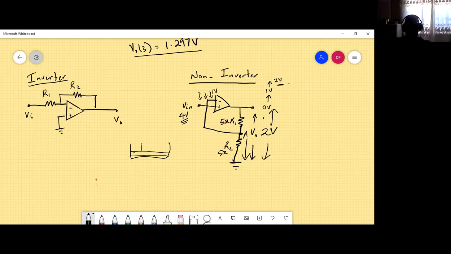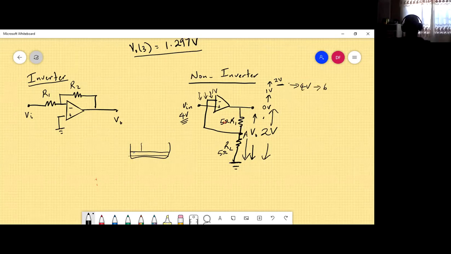So remember now, it is a differential amplifier. So it's 4 minus 1. Initially it was 4 volts going into the amplifier and starting to rise. Now it's 4 minus 1 volt, but that means we still continue to rise.